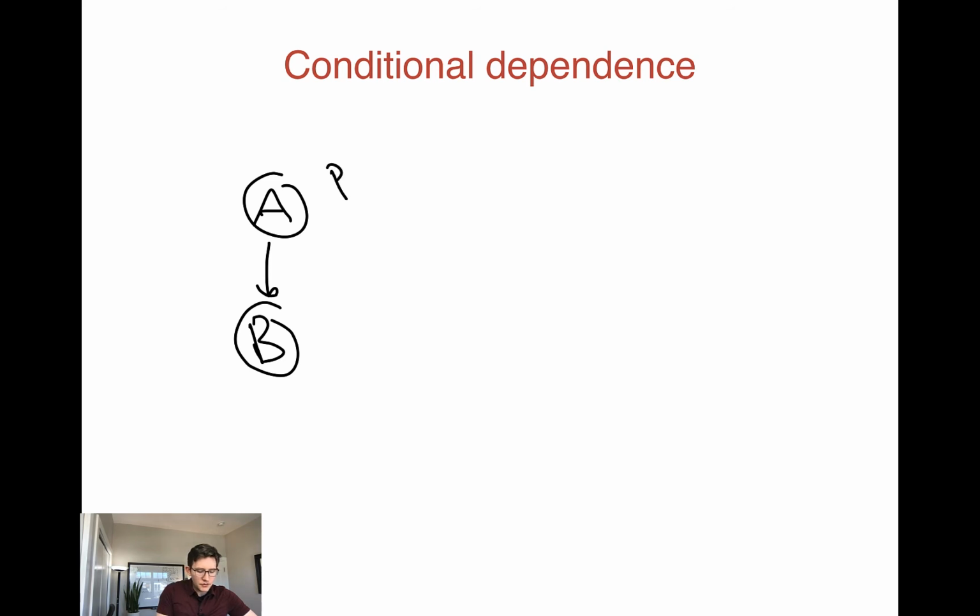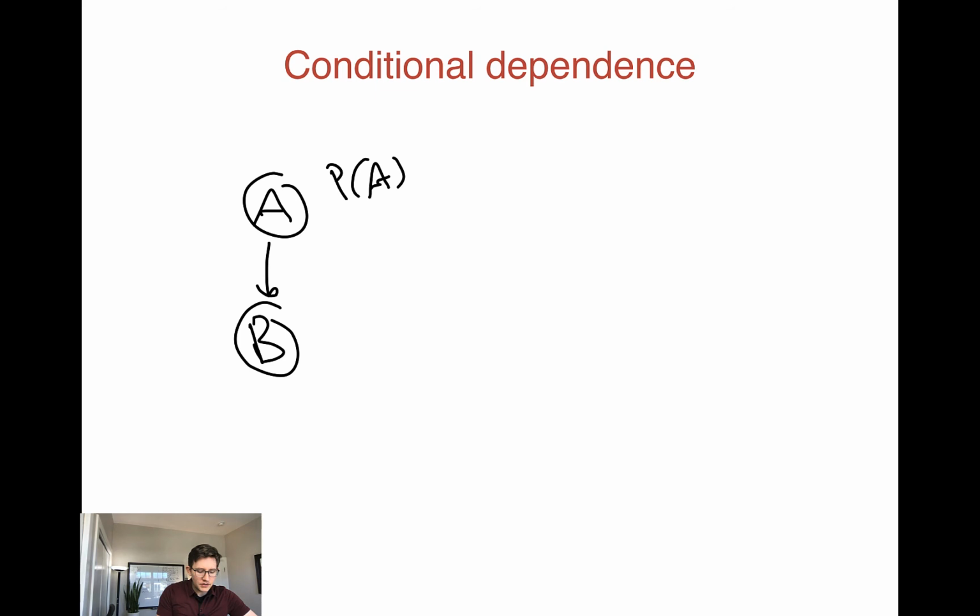One thing to note is that I said a Bayesian network indicates conditional independence properties, but it doesn't specifically indicate conditional dependence properties. Why is that? Let's say I give you this Bayesian network, and I give you some distribution for A. I don't care what that is; let's not worry about that.